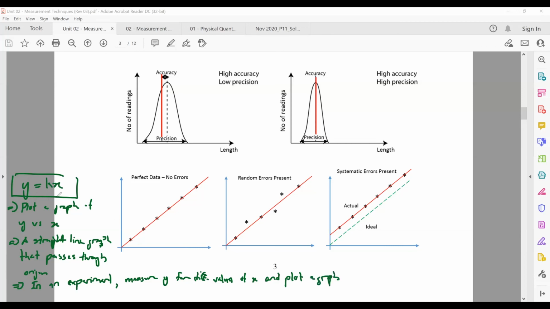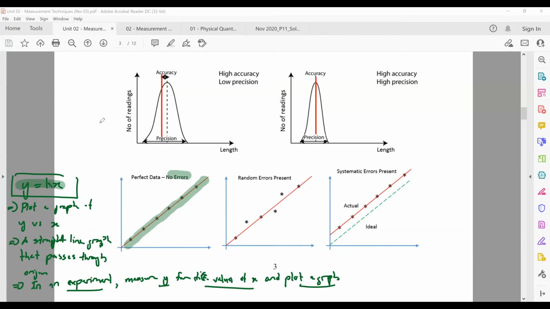Okay, so say you have a relation y equals kx. If your relationship is valid, it follows something like this. You should get a straight line graph that looks like this. If your relationship is valid and there are no errors in your measurements, all the points will give you a perfect straight line.